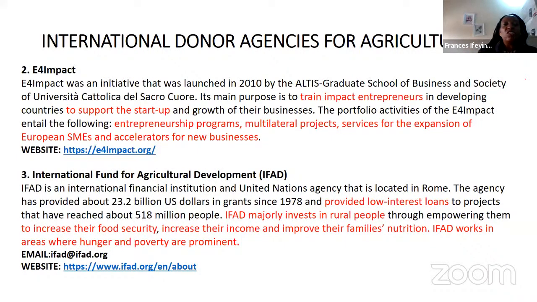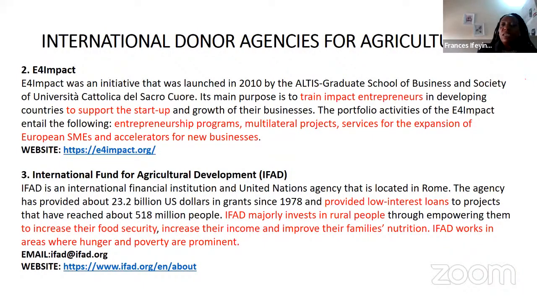Next on our list is the International Fund for Agricultural Development, abbreviation IFAD. Bottom line, their goal is to provide low interest loans.